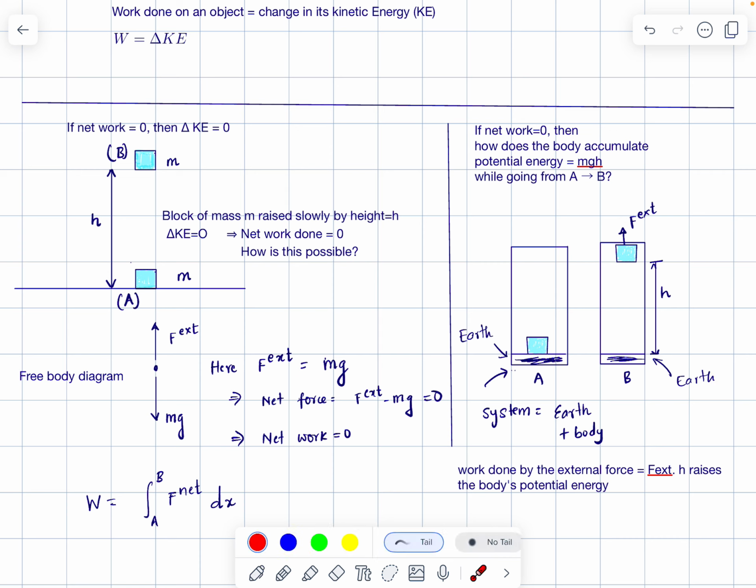I've just drawn a really big box to make it easier to understand.